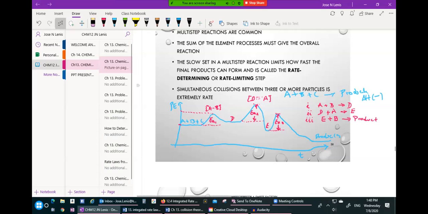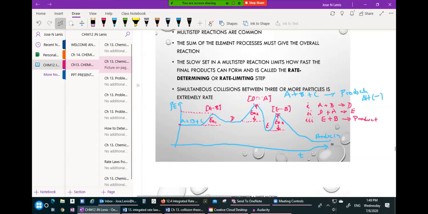So E needs to gain enough energy, and that's going to be activation energy 3 for that step to form here the activated complex, E, B. And once this is formed, it's going to make the product. So notice that we have different activation energies because we have a multi-step process.